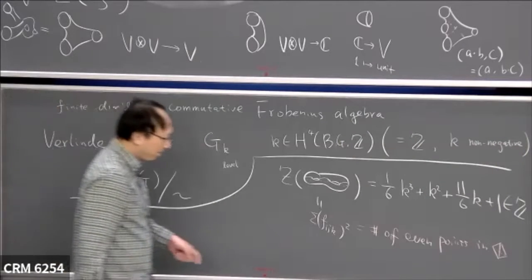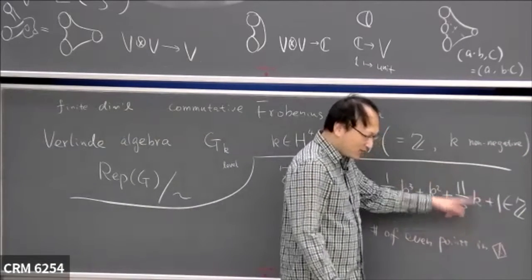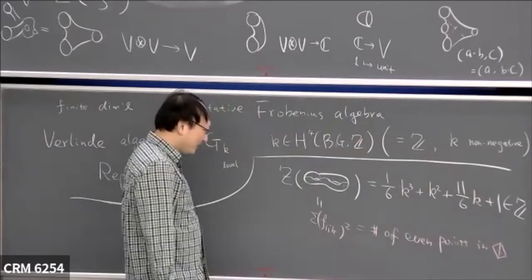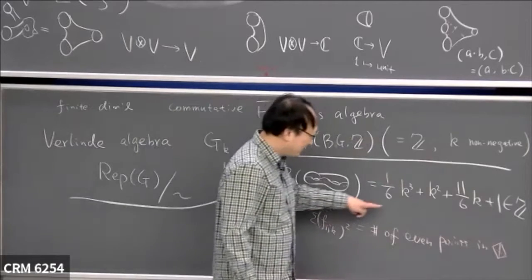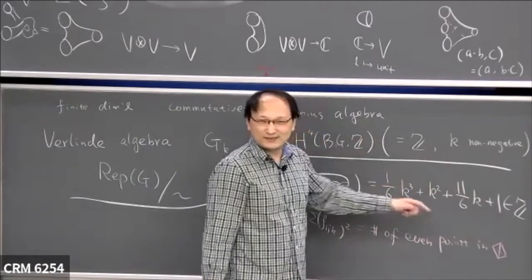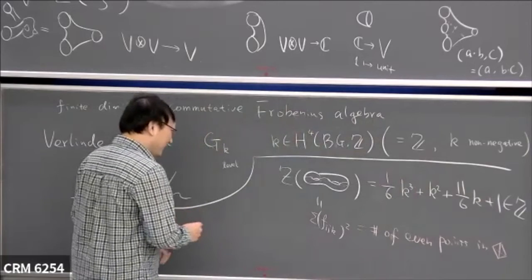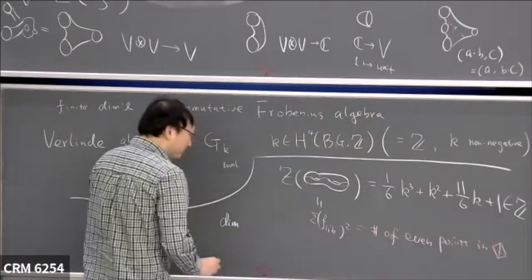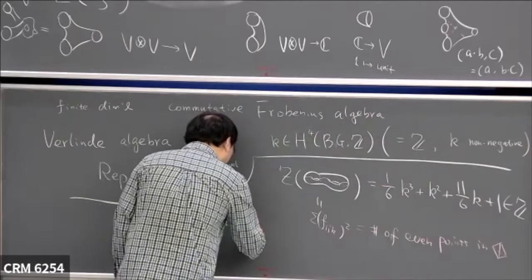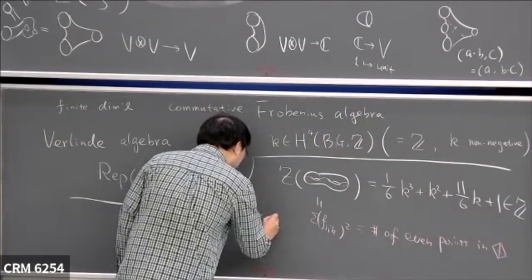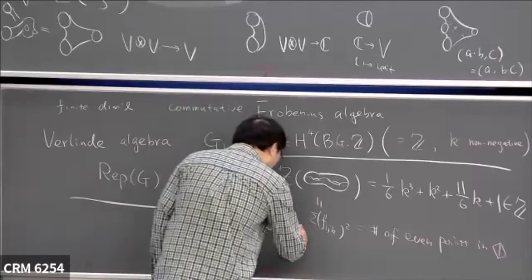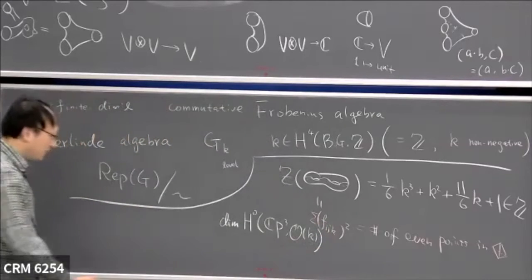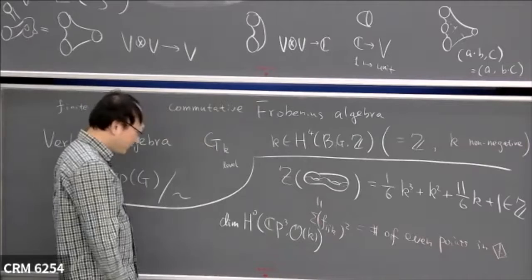Or you can find something else that is a little bit more fancy as the answer to this question. So another possible answer is that this is the dimension of the space of holomorphic sections of the line bundle O(k), the k-th power of the tautological line bundle over CP^3.